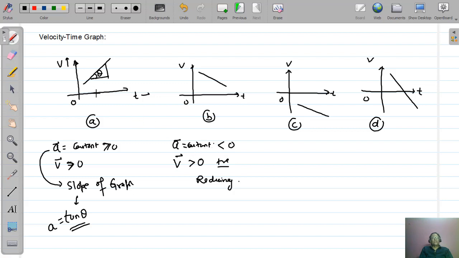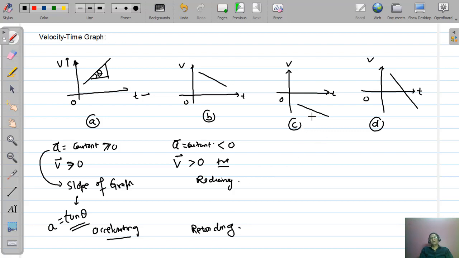Here velocity is in plus x direction, acceleration is also in plus x direction. That means here the object is accelerating. And in case of B, it is retarding. That means its velocity is decreasing.